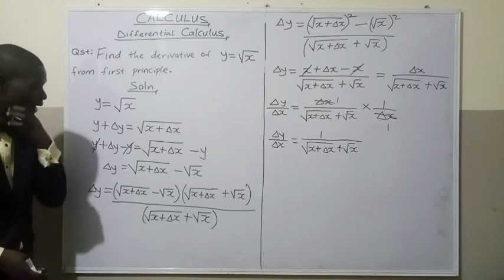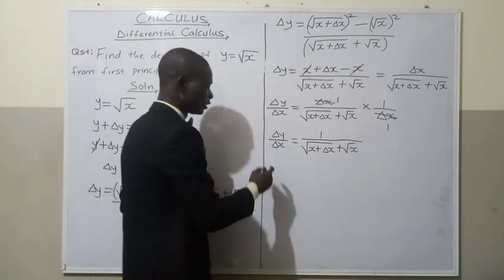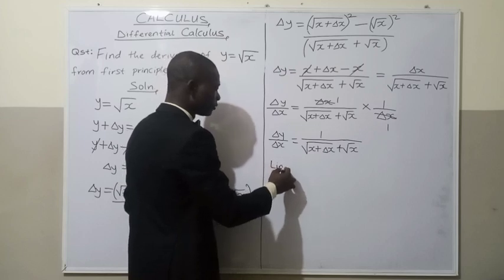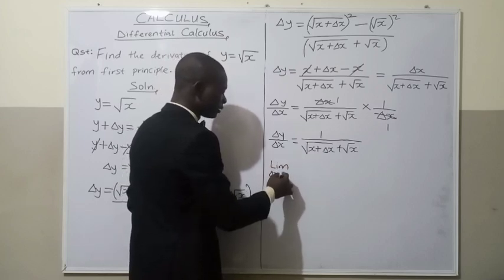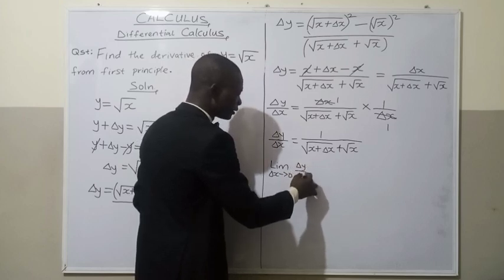So the next thing to do now is to introduce our limit, and limit delta x to 0. So we are going to have the limit as delta x tends to 0 of delta y over delta x.